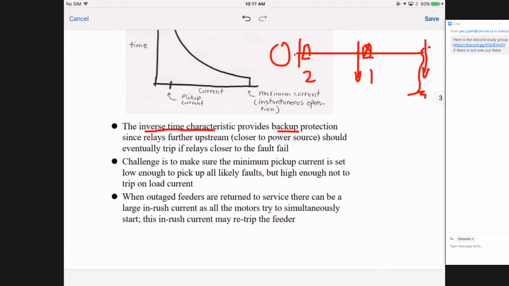To make the argument simpler, assume the line impedance is the same, though of course it doesn't have to be. If so, the fault here will be say IF. Breaker 1 and breaker 2 will both see IF.